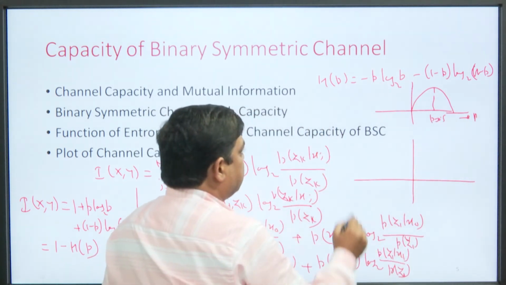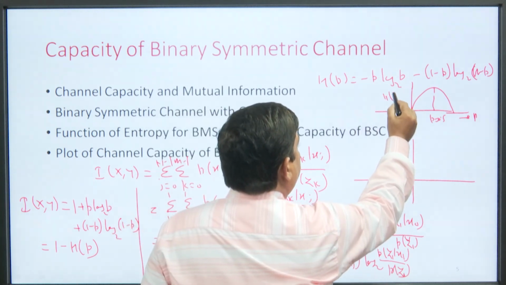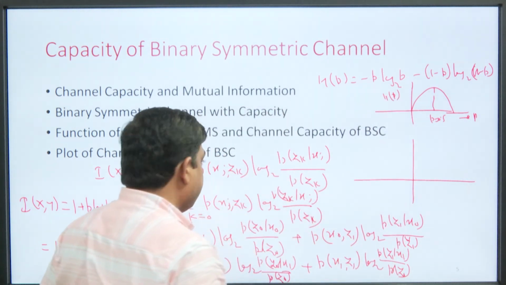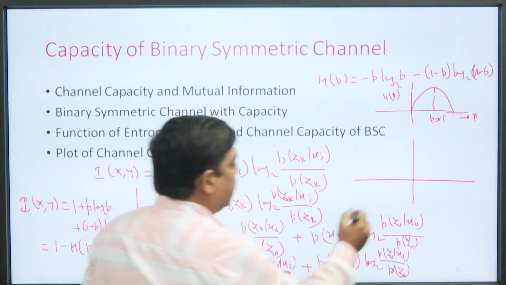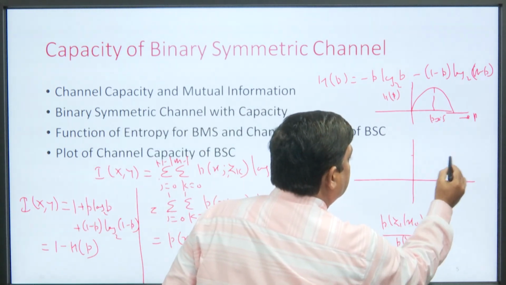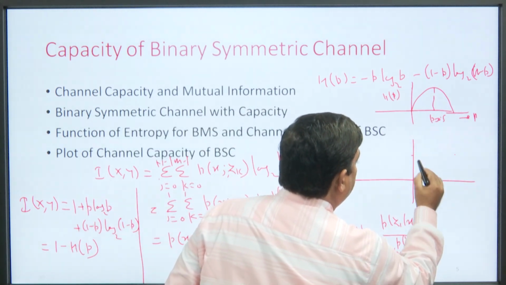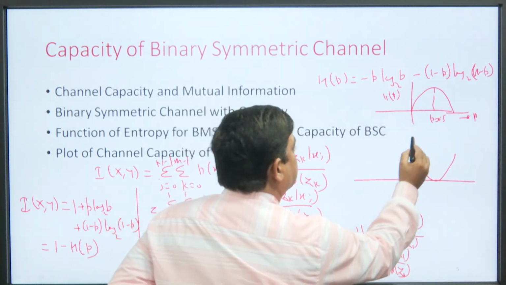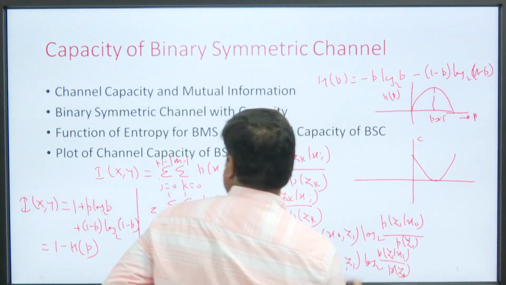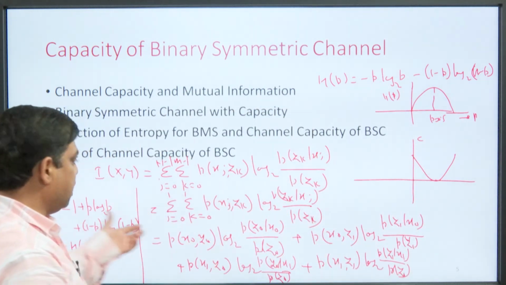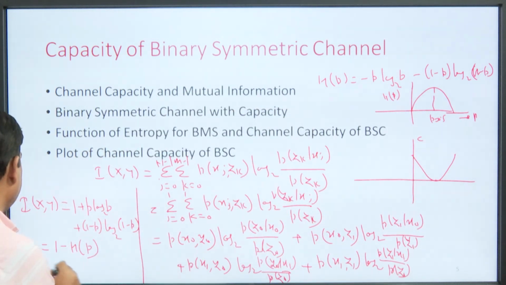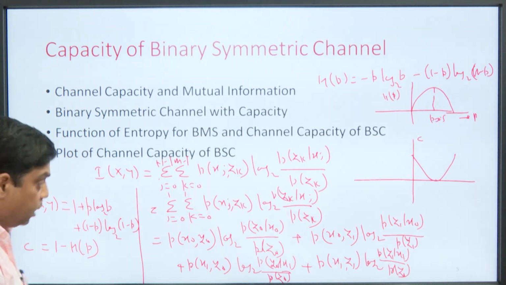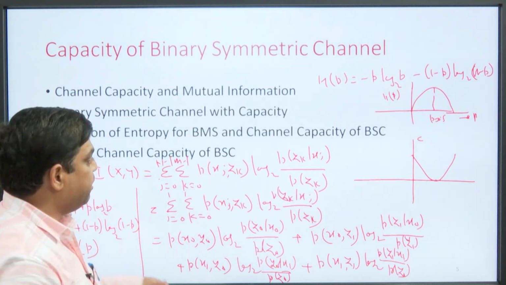This is H(p), while 1 minus H(p) you will get its plot like this one. This is the capacity C, because we have calculated its maximum value of the I(X;Y). Then C is equal to the capacity of the binary symmetric channel, that is 1 minus H(p).